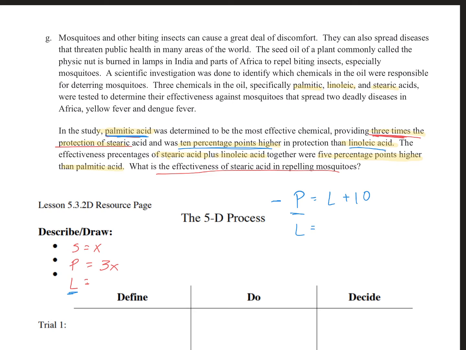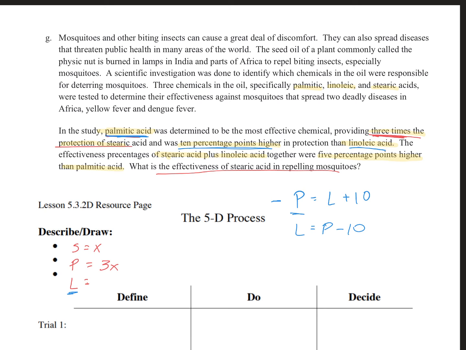If P is equal to L plus 10, if linoleic acid is 10 percentage points less effective, we could also say that L is equal to the palmitic acid minus 10 percentage points. So L is equal to P minus 10.